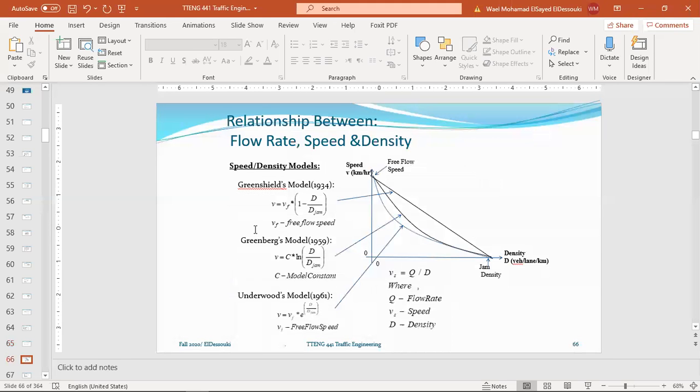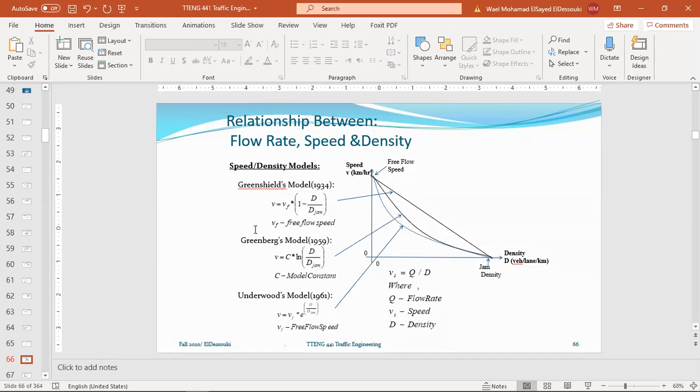As we can see here, that's the relationships between flow rate, speed, and density. These models were developed early last century by Greenshield in 1934, and he assumed a linear relationship. He said that if there is no traffic and just one vehicle driving, it will drive at a free flow speed.